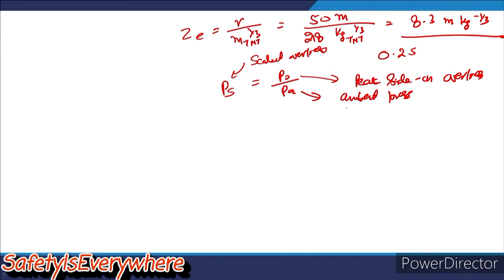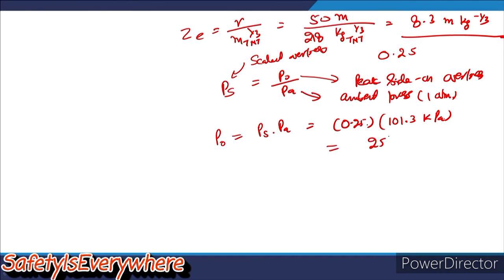Let us take the ambient pressure as 1 atmosphere. So the overpressure we can calculate is P0 = Ps into Pa, which is 0.25, which we calculated through the plot, into 101.3, which comes out to be 25.